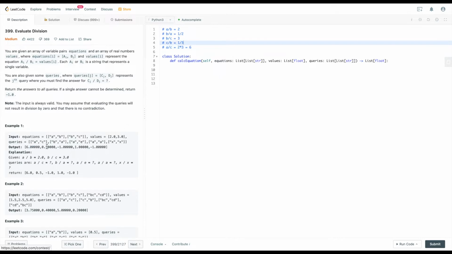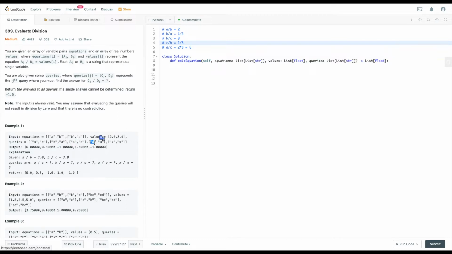And let's look at the next one, B divided by A. So B divided by A is just 1 over this answer, so it will be 0.5, which is correct. A divided by E, E doesn't exist in our equations, so we return -1 because it's not possible. It states if it cannot be determined, return -1.